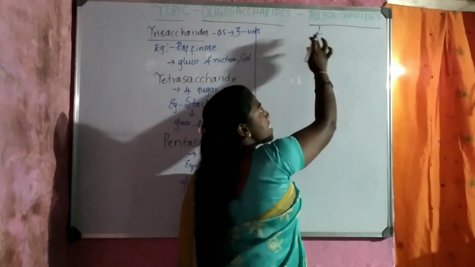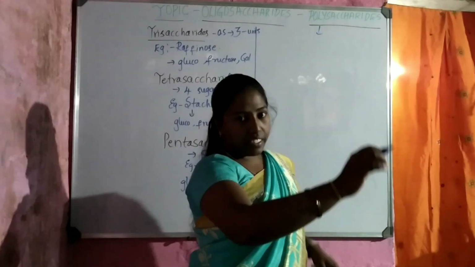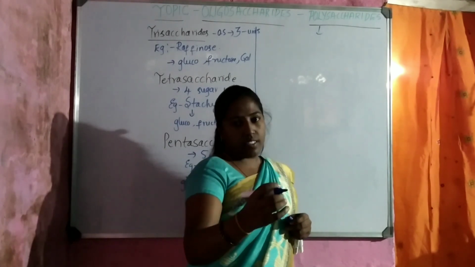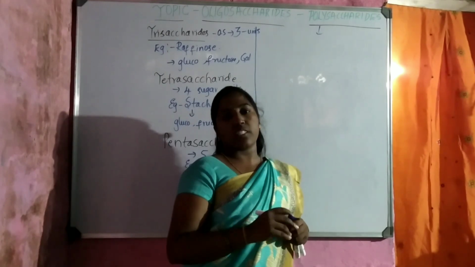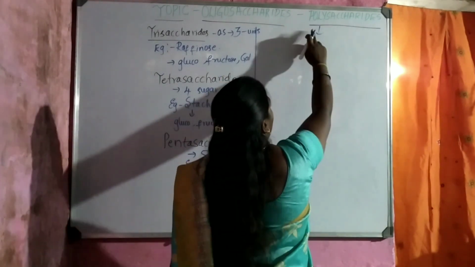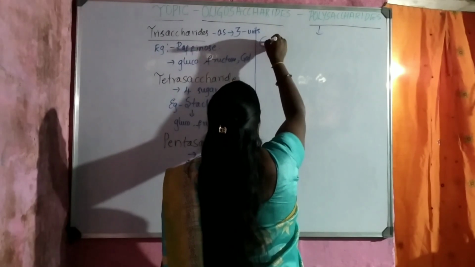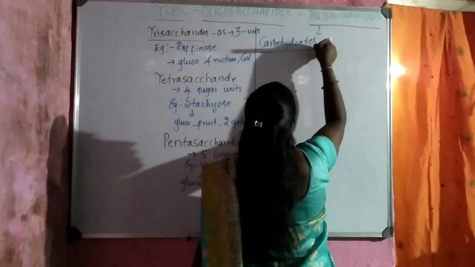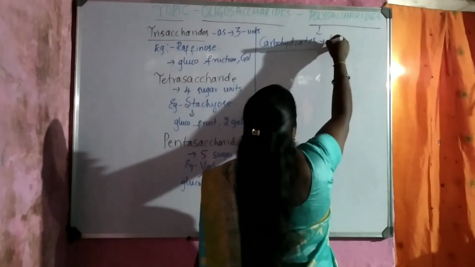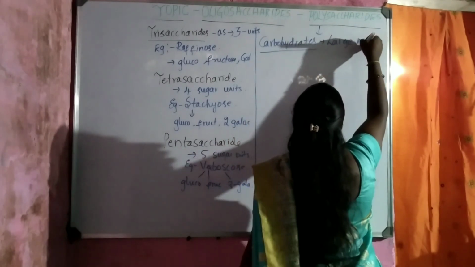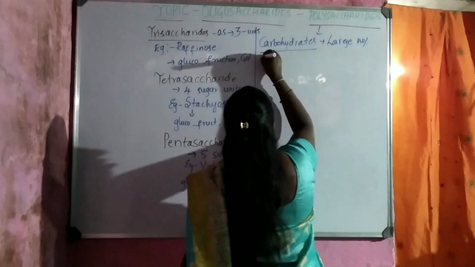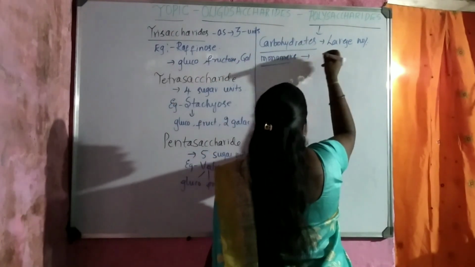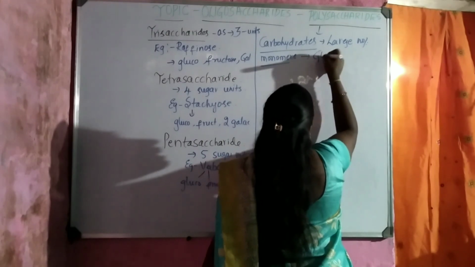We can define polysaccharides as carbohydrates made up of a large number of monomers or sugar units, connected or held together by what type of bond?